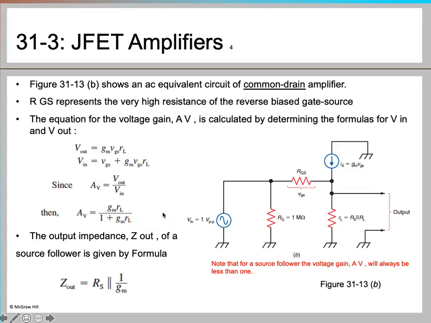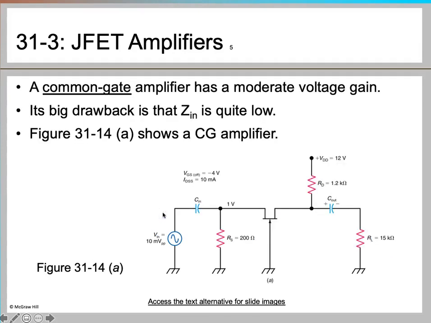Now moving on to the next type of amplifier. This is the third type, the common gate amplifier, which has a moderate voltage gain. In this type of JFET amplifier, the input impedance is low, and that's the reason this type of JFET amplifier is seldom used.